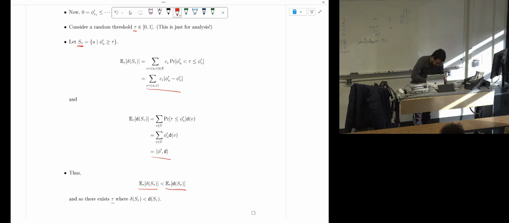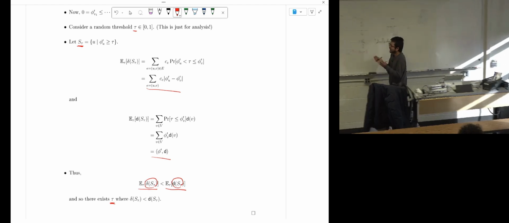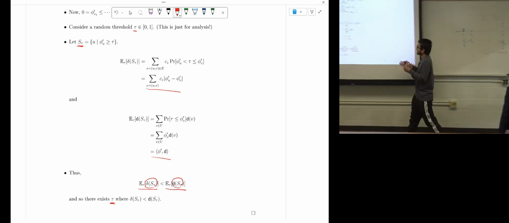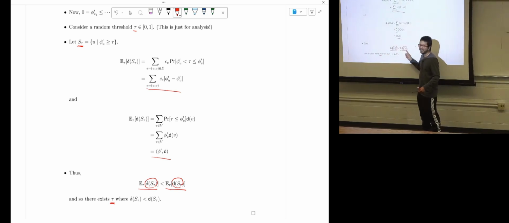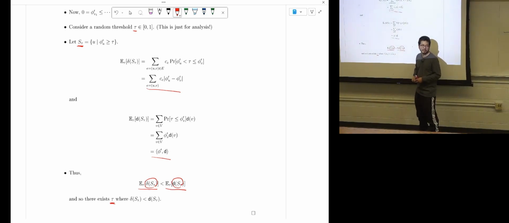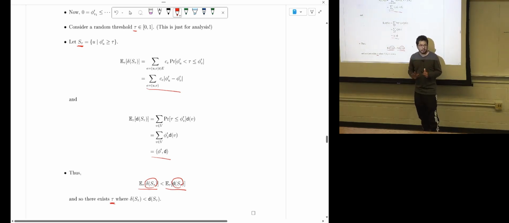It just means that there must exist some tau, without the expectation, such that the thing inside here is smaller than the thing inside here. Because otherwise, if there is no such tau, then in expectation this cannot be smaller than this. That's our strategy. So let's now prove it. Is the strategy clear?